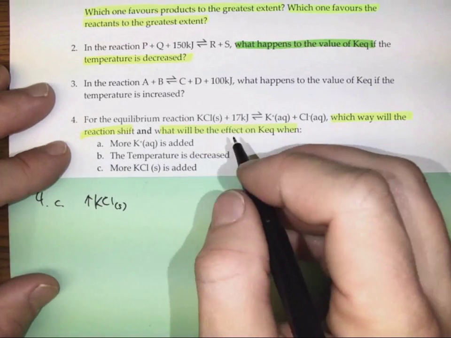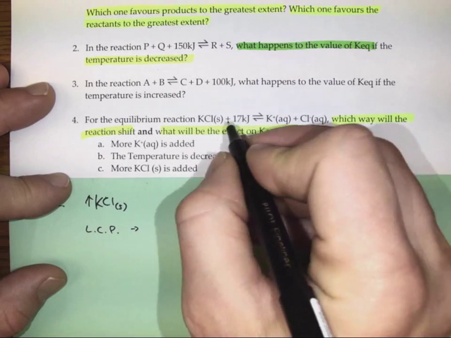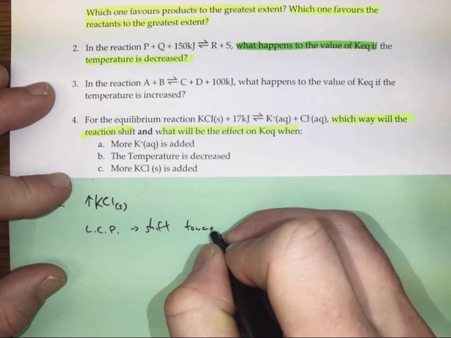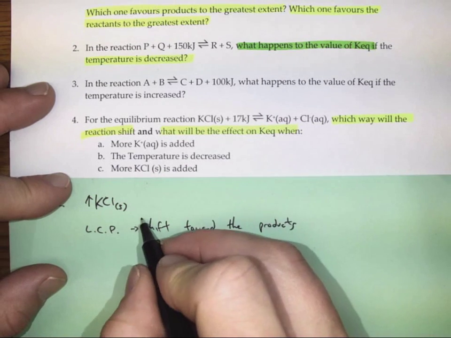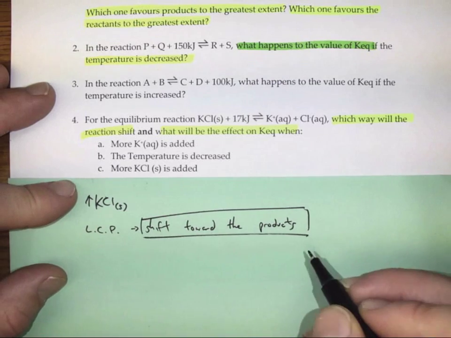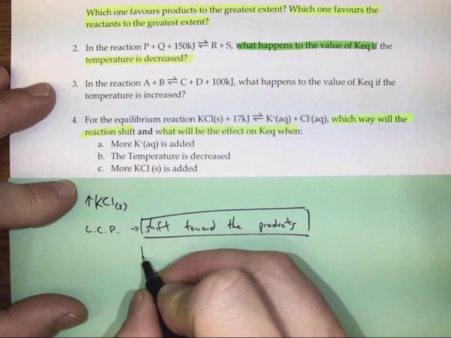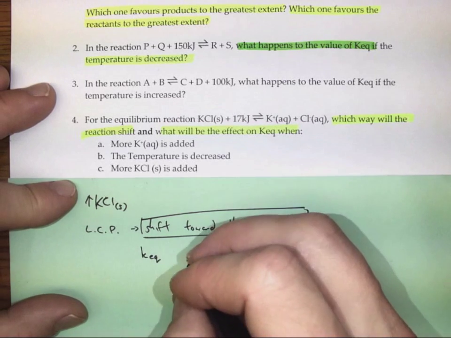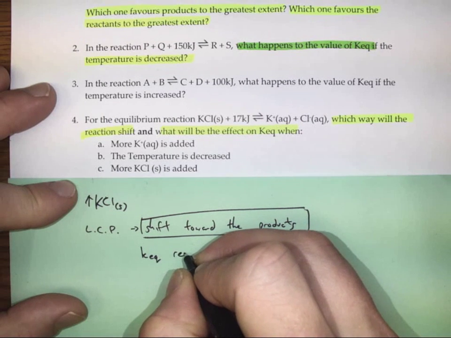And so Le Chatelier's principle says we're going to shift to the products. All right. And then the question is, okay, well, how does that affect KEQ? Again, you can only affect KEQ with a change in temperature, not with pressure, not with concentration changes. So KEQ remains unchanged.